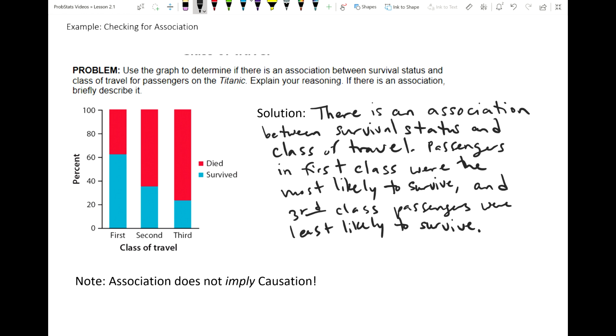So if I were to give you new data from 200 other people, and I gave you the percentages of survival status, you could kind of tell which class they're in based on the percentage. If it's a high survival status, it's probably someone in the first class. So therefore, there is some kind of association.